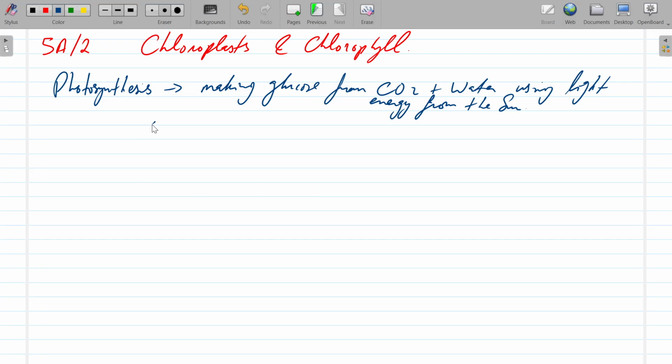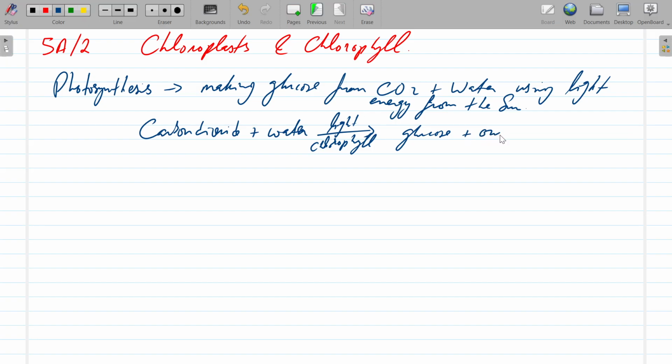So let's write the word equation first. Carbon dioxide and water, we put light, and they also mention chlorophyll, and that's giving you glucose plus oxygen. And in this case, oxygen is a waste material.